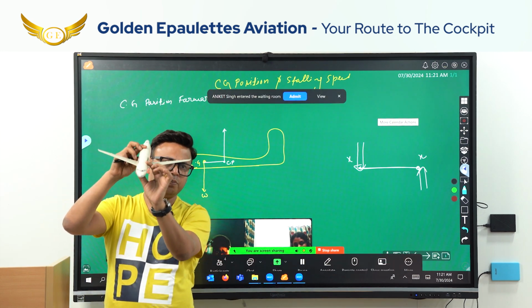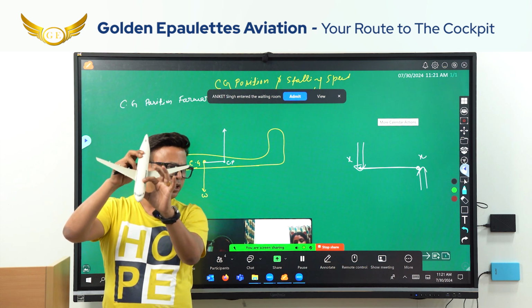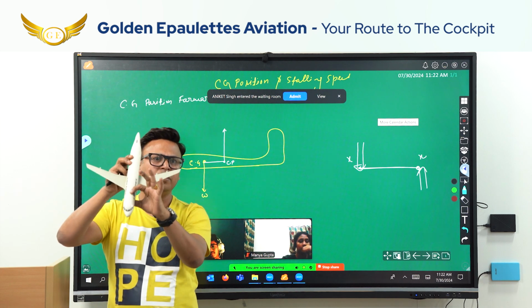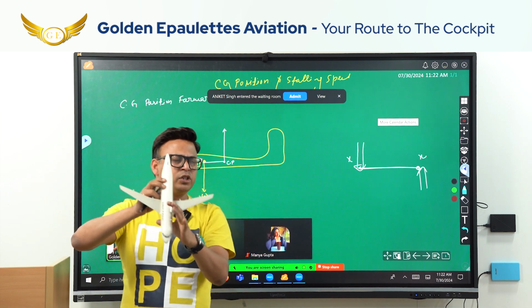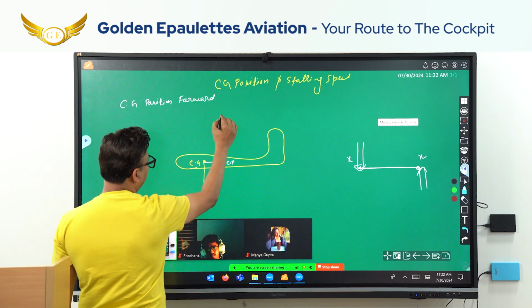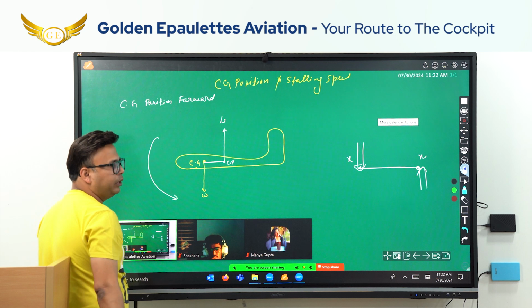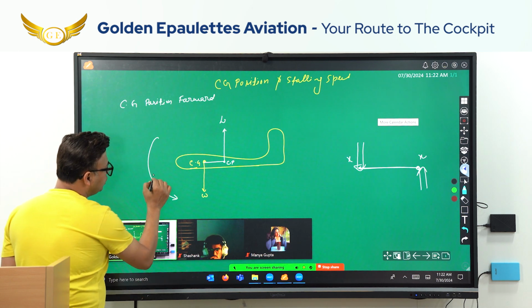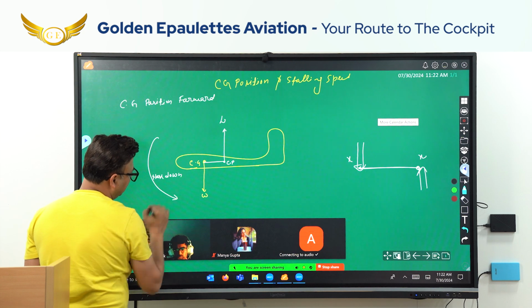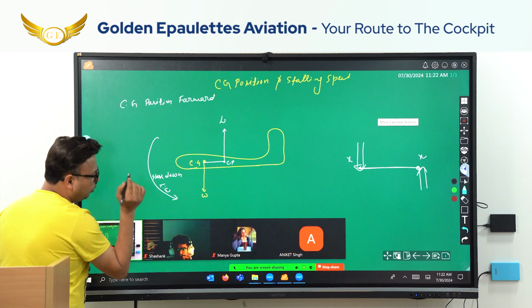So it will induce a turning moment, causing the aircraft to rotate this way. This is called a pitch down moment. So the weight and lift couple, if CG is forward, produces a nose down pitching moment. Correct? This is by the lift and weight couple.